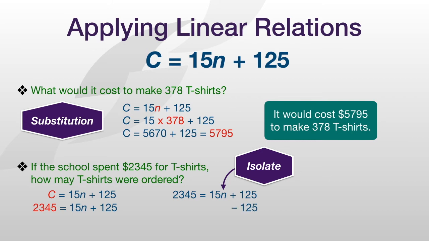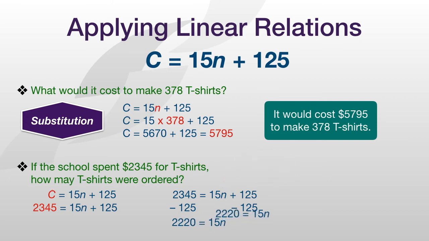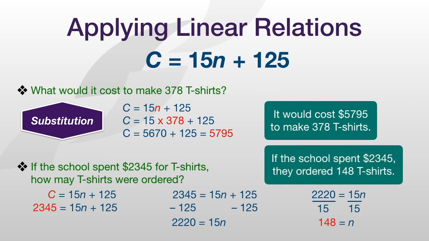But in order to keep the equation balanced, we need to subtract 125 from the other side as well. Next, we need to divide the right side by 15, and so we also need to divide the left side. This solves n to be 148, so if the school spent $2,345, they ordered 148 t-shirts.